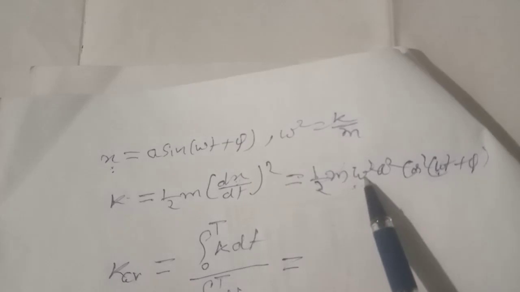Now putting this value, 1 by 2 is constant, m is constant, omega square is constant, a square is constant.